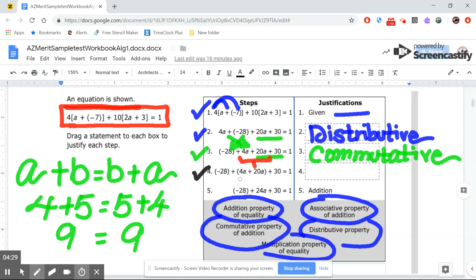That means I'm associating them together. Negative 28 is here the same way, 30 is here the same way, and the 1 is right there as well. The only difference is that the association is happening here. So I will call this property the associative property of addition, because I am associating them together.